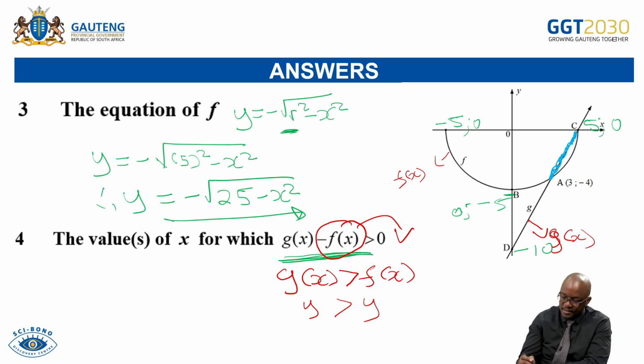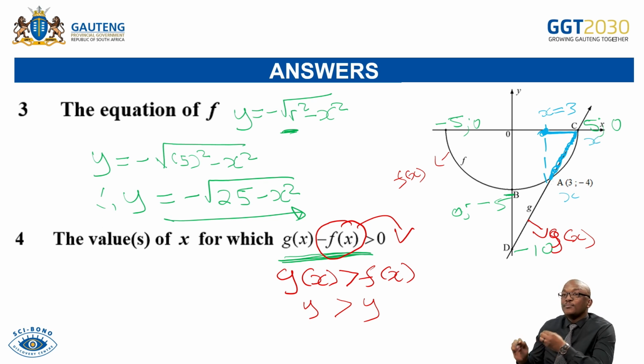So now, the y value there is 3. It means that y value there, the x value there, x is equal to 3. It means x is 3 from there to 5. It means x from 3 to 5. That is the only part where the graph of g is on top of the graph of f.